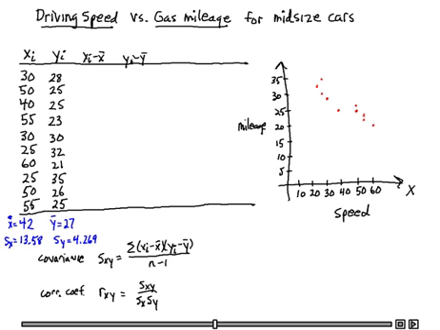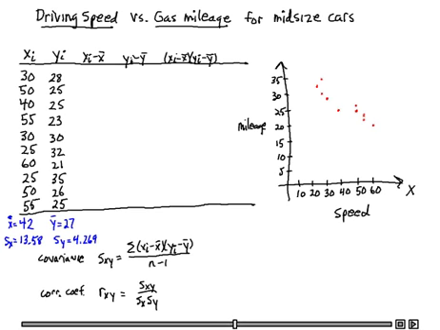And then I'm going to have to multiply those two together. So I'll create a fifth column here, x sub i minus x bar times the fourth column, y sub i minus y bar. Okay, let's put these data values in.